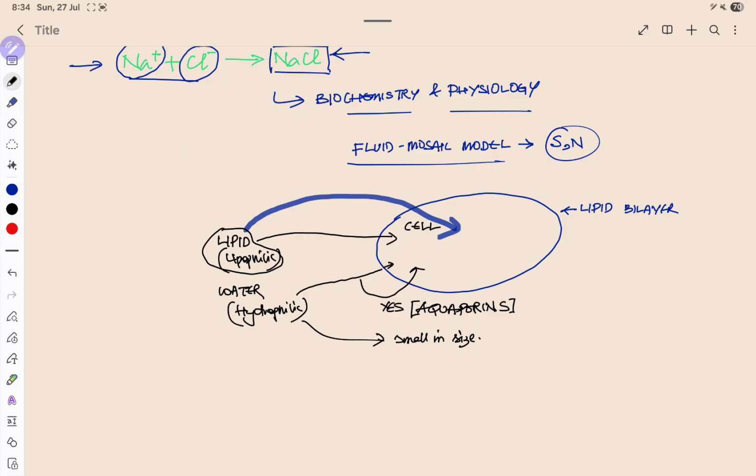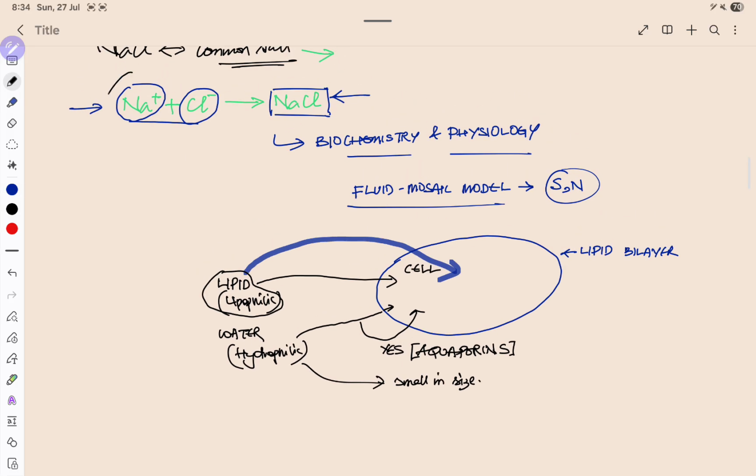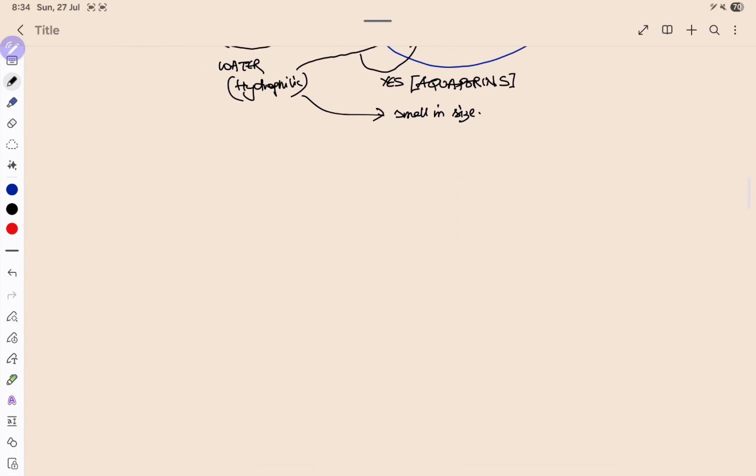So with this understanding, let's go back to the example of formation of sodium chloride. I'll write here again, sodium ion plus chloride ion forming sodium chloride. Now, if my mother or my sister or my father told me to purchase sodium chloride, I will not act as a scientist.